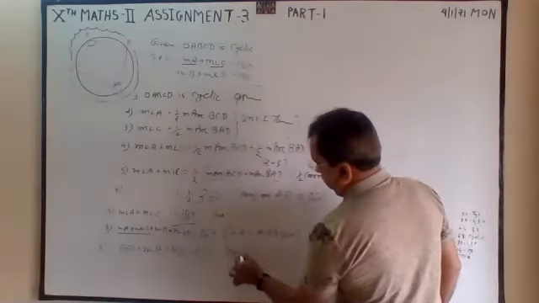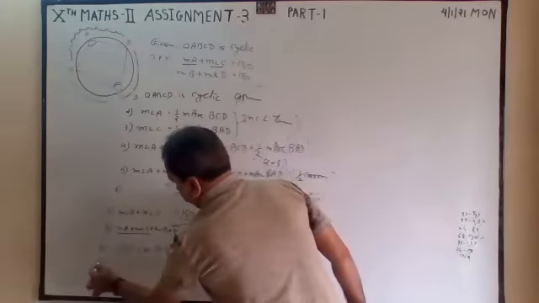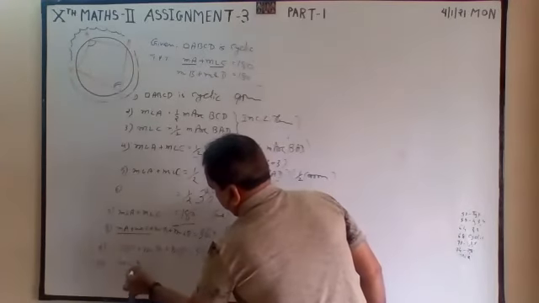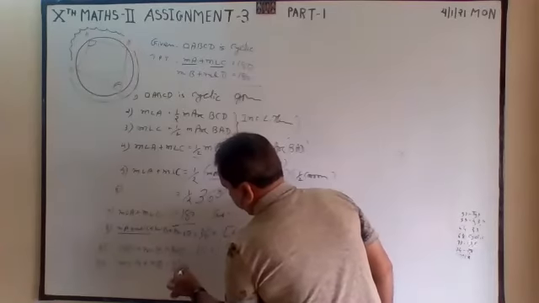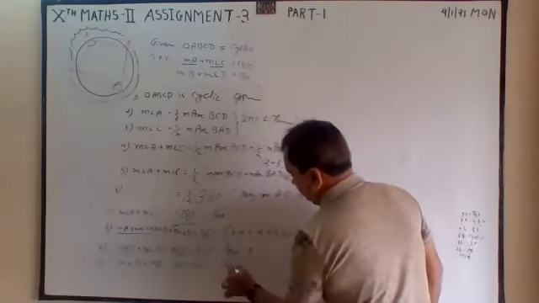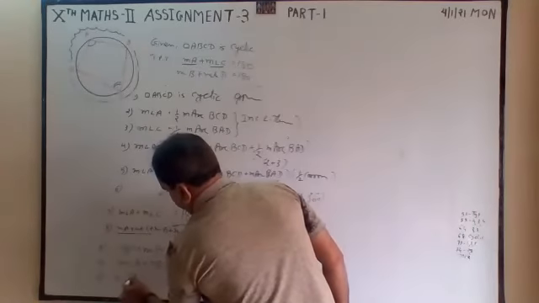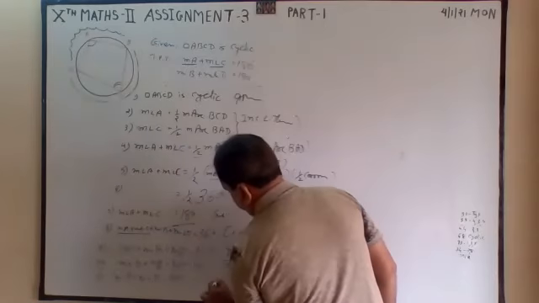From 7. There are only 8 minutes left. So measure angle B plus measure angle D is equal to 360 minus 180. Simplify. So measure angle B plus measure angle D is equal to 180. This is also simplified.